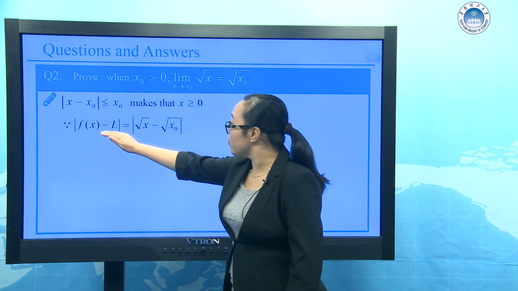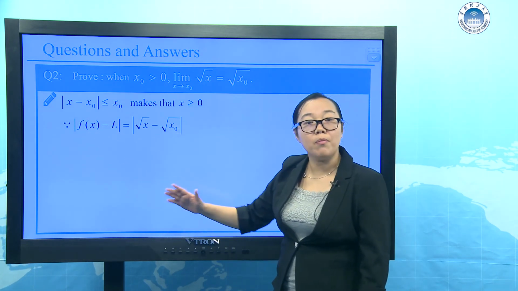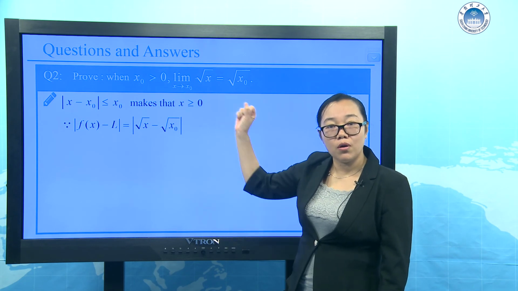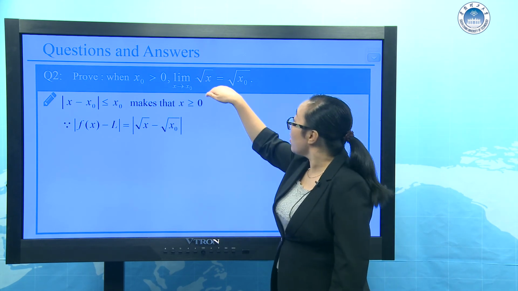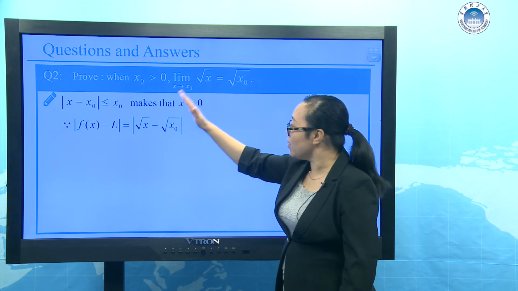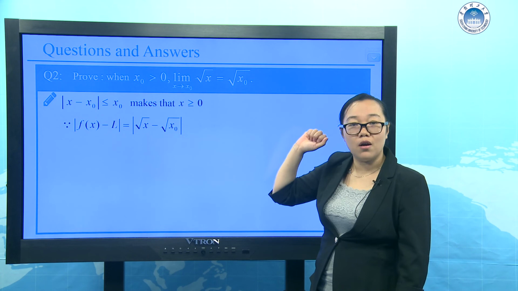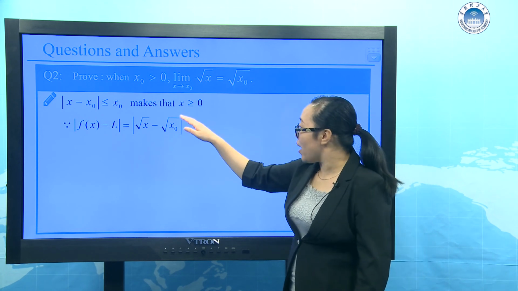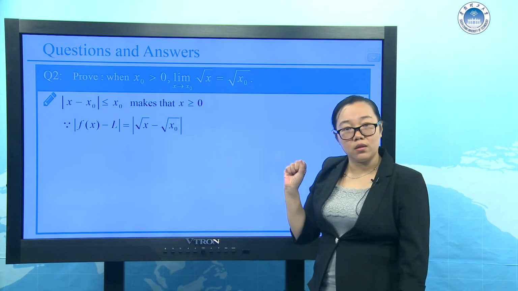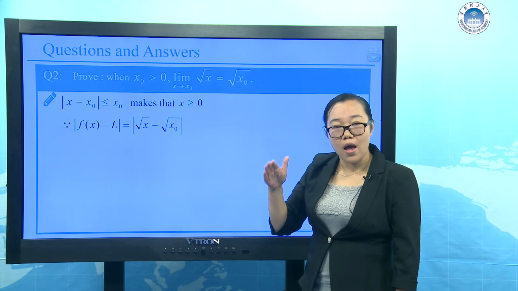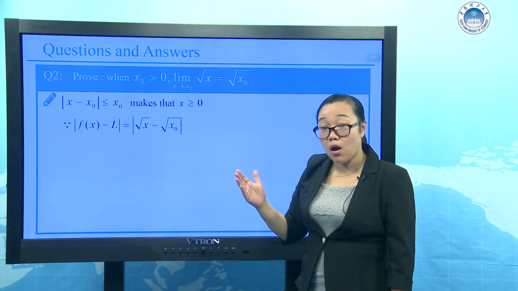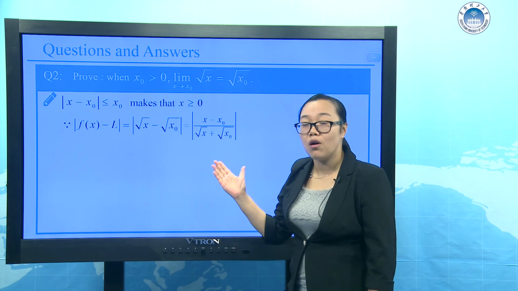Now, how about |f(x) minus L|? In our question, f is the square root of x, so copy the square root of x. How about L? This is the fixed number, the square root of x0. How to write it? Try to write x minus x0 over something.